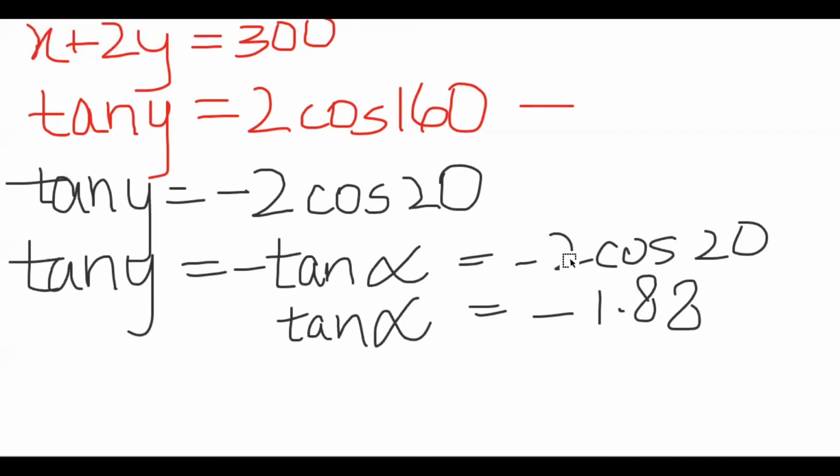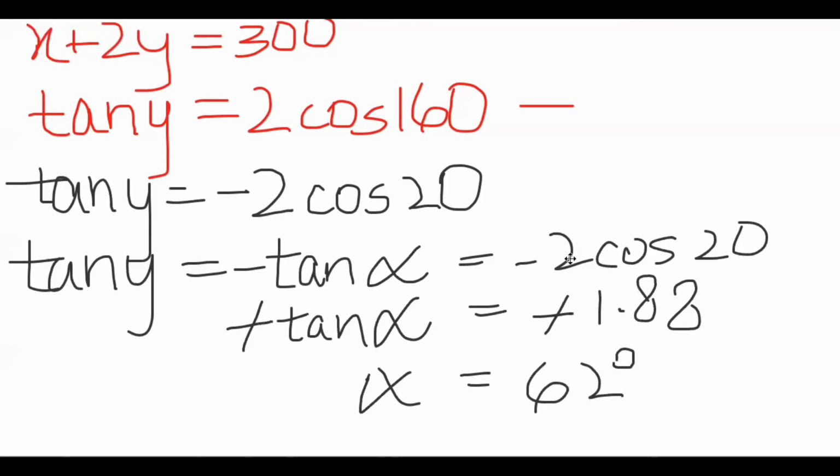When we cancel out these negative signs, we can find the inverse tan of 1.88 as the alpha, which comes out to be 62 degrees. Now this is the alpha that we have found for tan y, or the angle y.